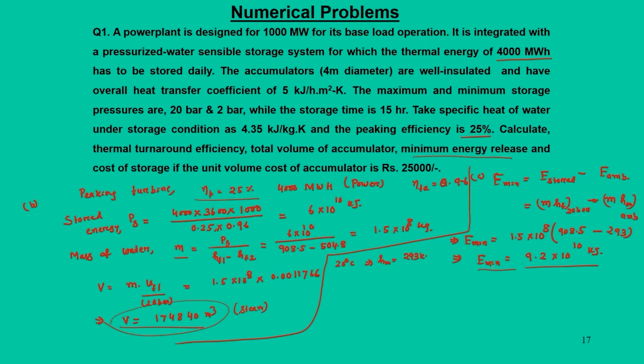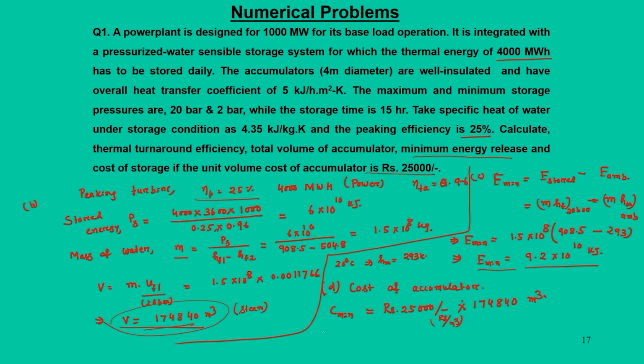And the last part is the cost of the accumulator. It is given that unit volume cost is rupees 25,000, and total volume is this. So, the minimum cost for the accumulator would be rupees 25,000 per meter cube into total volume 174,840 meter cube.